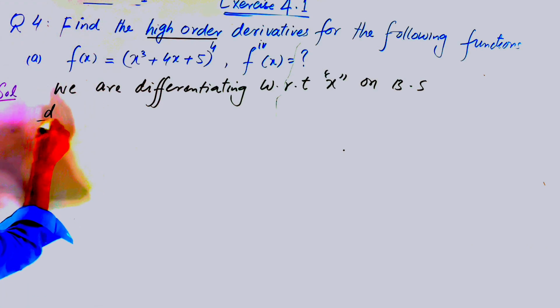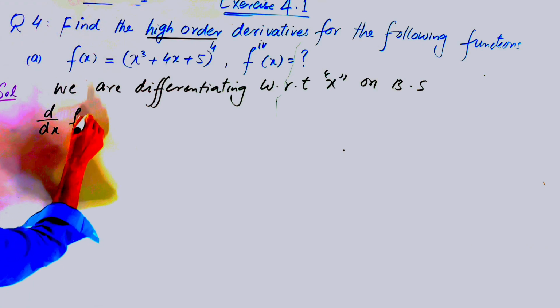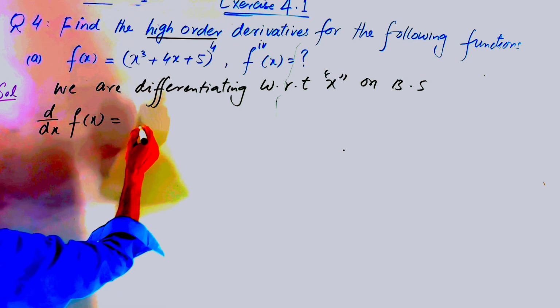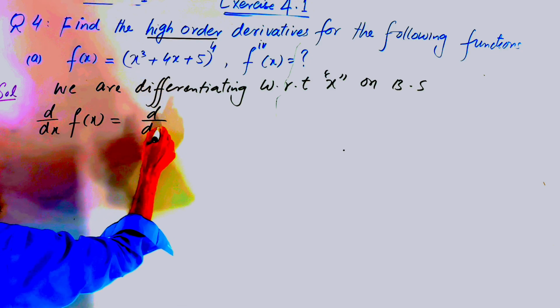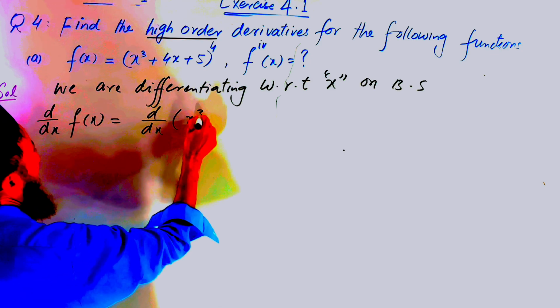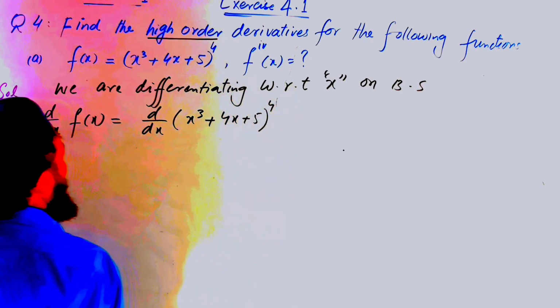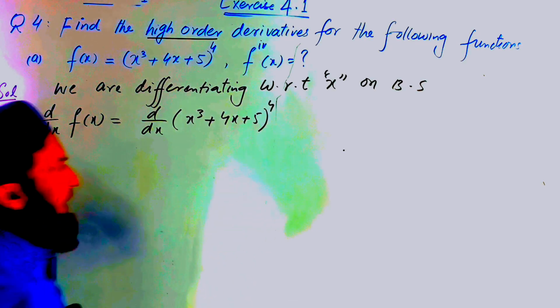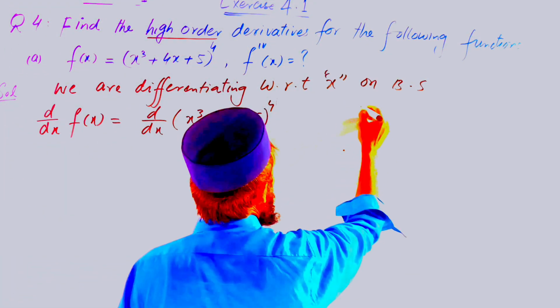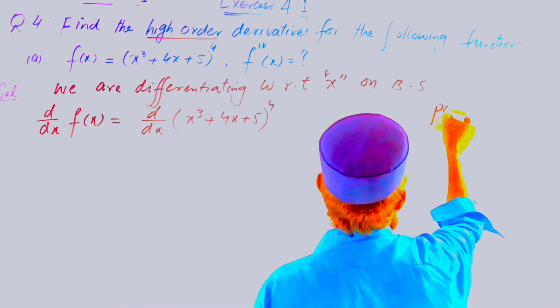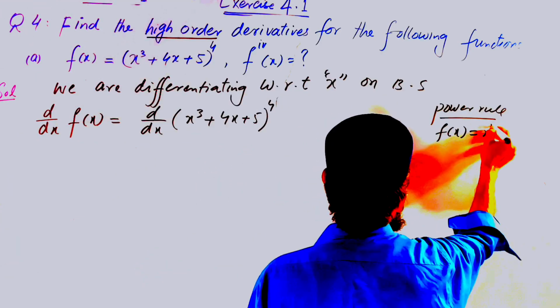So d/dx f of x is equal to d/dx of (x cube plus 4x plus 5) to the power 4. Now according to the power rule, we know that for power n, the derivative is n times x to the power n minus 1, times the derivative of the inner function.